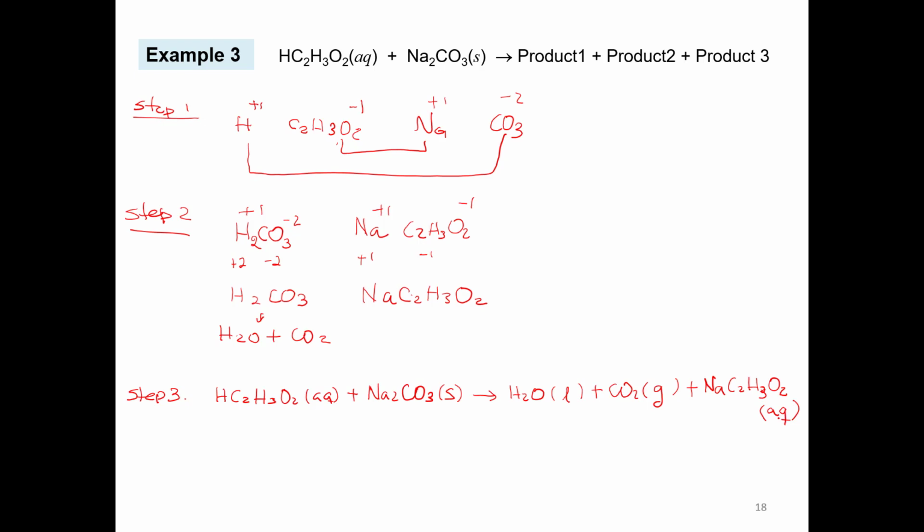The next thing we want to do is balance the equation. And let's write here all the atoms that are involved in this: hydrogen, carbon, oxygen, sodium. And now we had on the first part the reactants, and then we had the products.